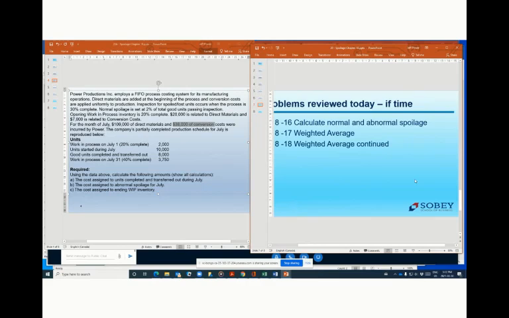So at this stage, I will give you a choice. These problems, 16, 17, 18, as well as several other problems, I've posted the solutions on Brightspace.